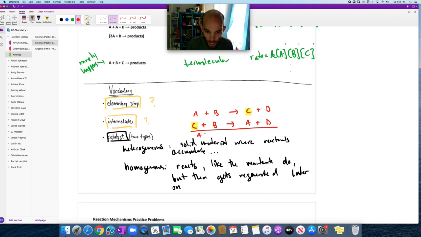The overall reaction would be 2B yields 2D. Okay? Because notice the C's would kind of cancel out. C is our intermediate.